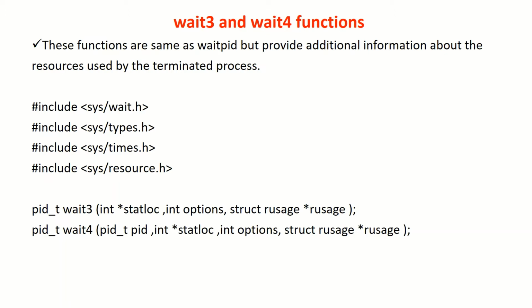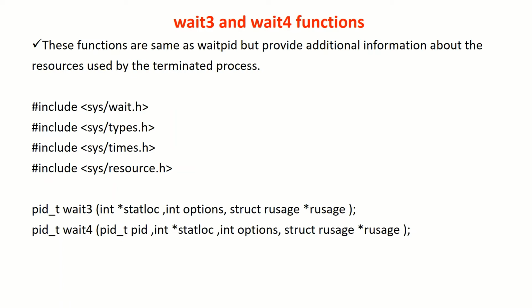In this respect, wait4 is equivalent to wait when PID is -1. If PID is greater than 0, it specifies the process ID of a single child process for which status is requested. If PID is 0, status is requested for any child process whose process group ID is equal to that of the calling process.